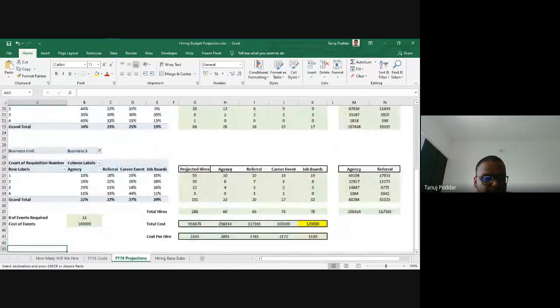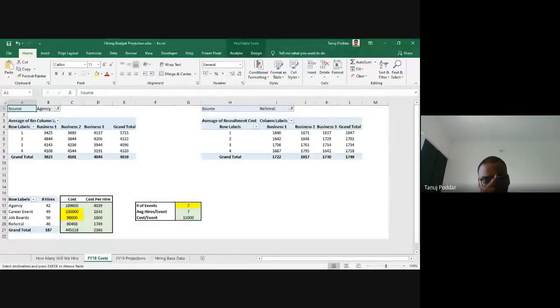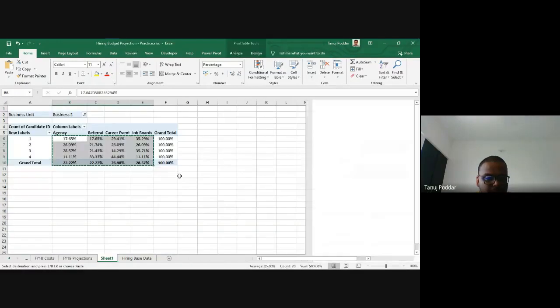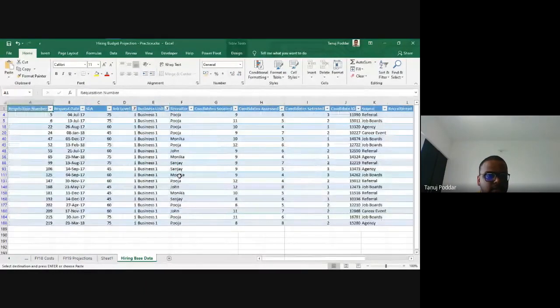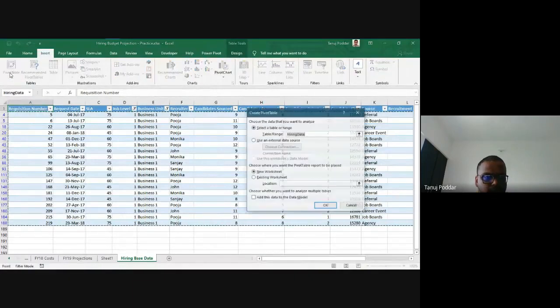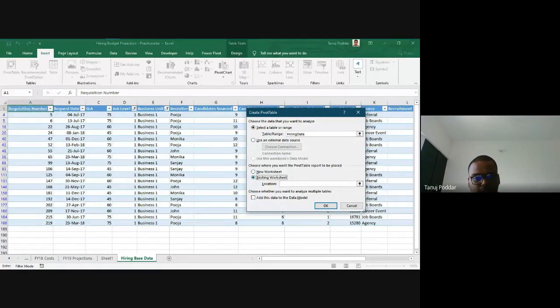The reason why I'm not doing it in the session itself is because you need to be a little careful about placing the pivot. If you remember, when you created the pivot the first time around, it asked where you want to place it, right? Since I had formulas linked to the table, you have to be very specific about where you're pasting.